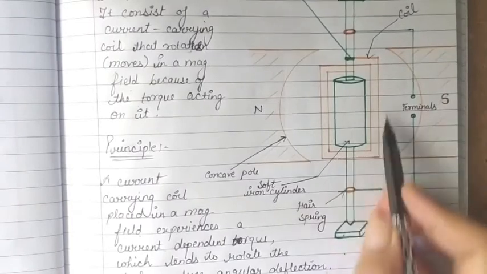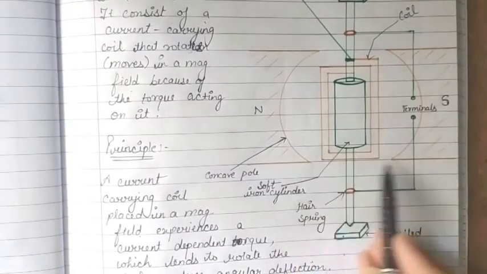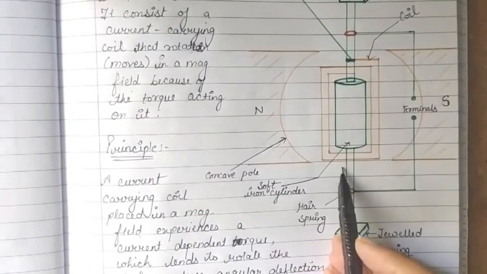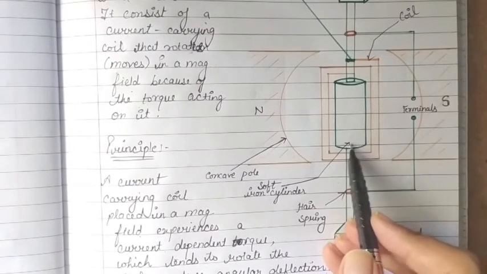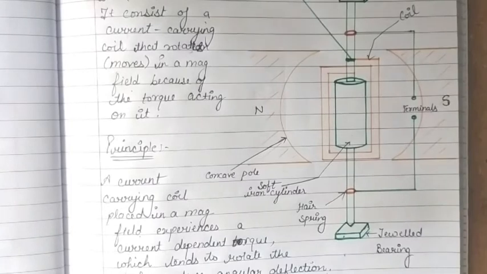A cylindrical soft iron core is mounted between these concave poles of the magnet to make the lines of force point along the radii of a circle.